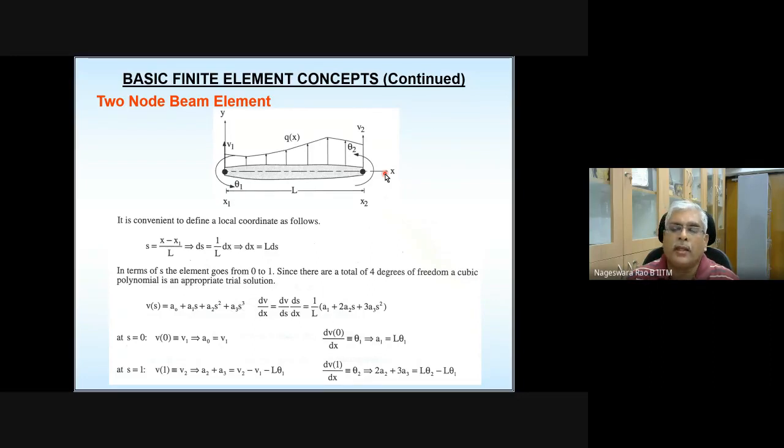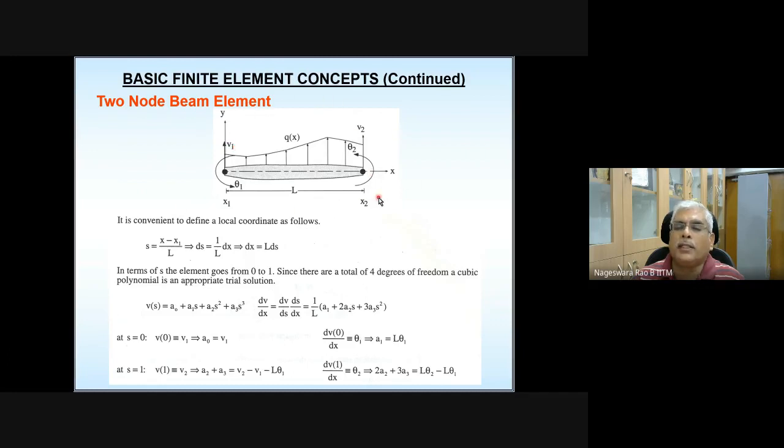Whenever you say beam element, it's going to be two-node only in all this commercial software. But if you understand the procedure, you can derive it for a three-node beam element, four-node beam element as well. So let's understand the procedure for the two-node beam element, how to get the shape functions. For that, please take note of this figure.